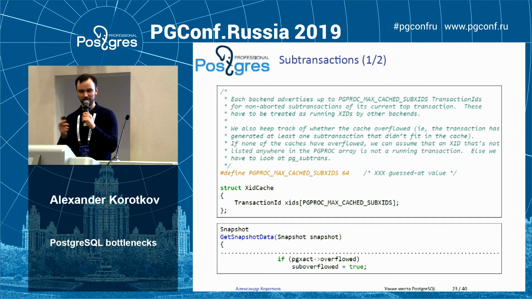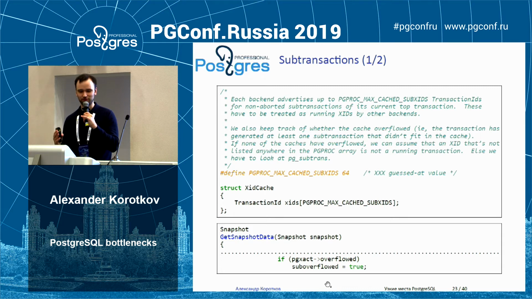In Postgres, in the shared memory, every process has a structure. When we actually make a save point, we create a subtransaction with its own ID.